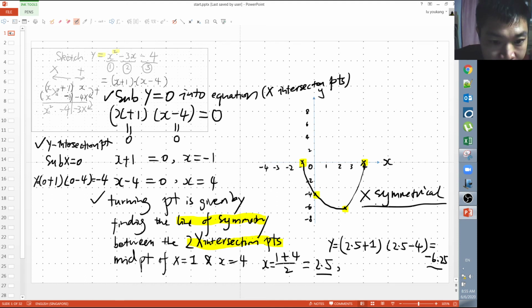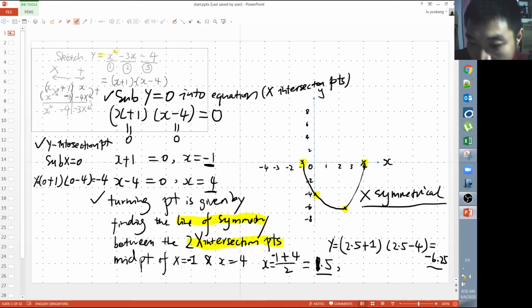Okay, so let me look at where I make mistake. Okay, so I make a mistake over here. By the way, I'm supposed to find the midpoint between this minus 1 and 4. So therefore over here I make a small mistake. So it should be minus 1 here, right? So therefore this value is not 2.5, it should be 1.5. Right?